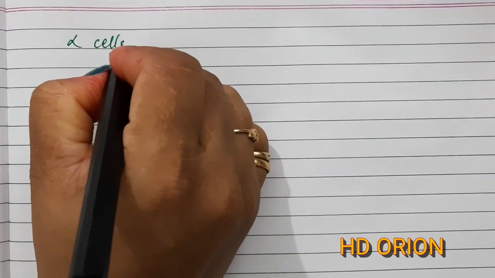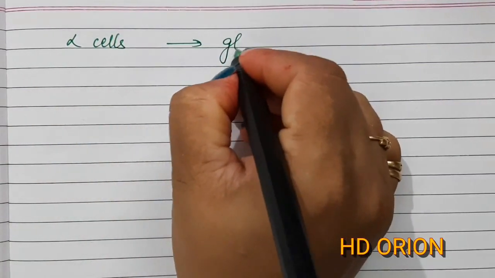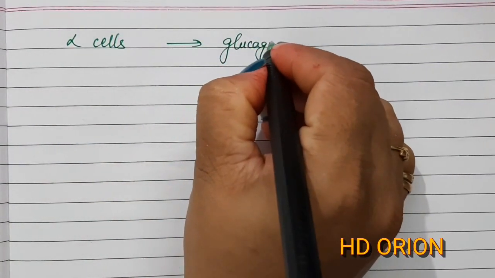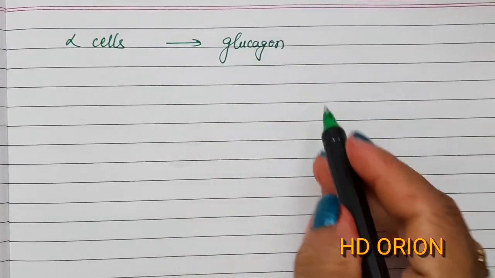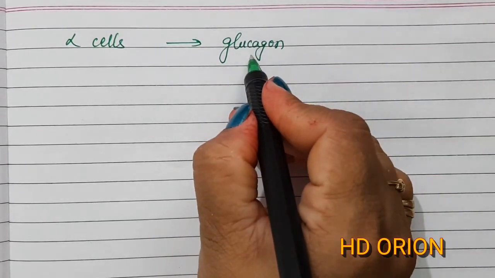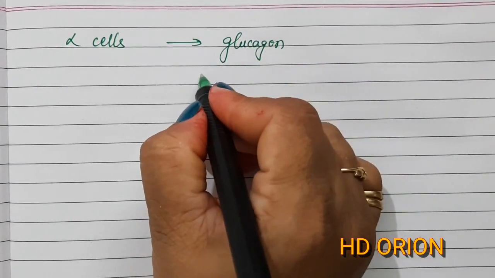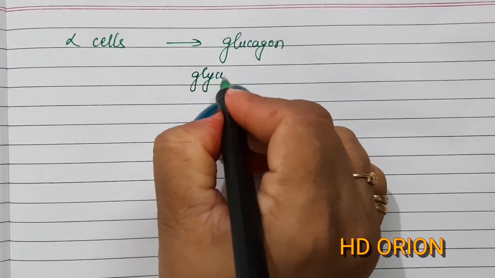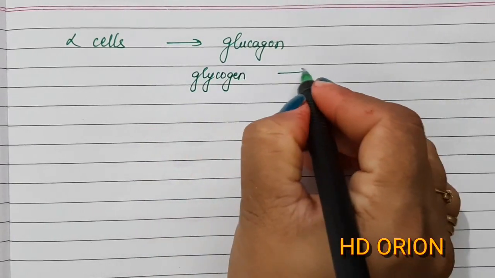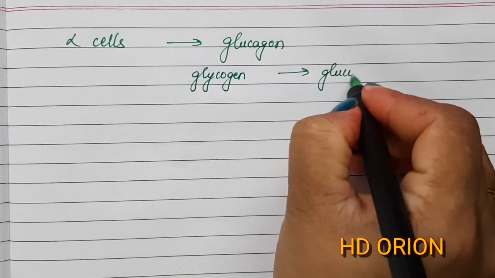The alpha cells secrete the hormone named glucagon. The glucagon helps in increasing the blood sugar level or the blood glucose level. So what does it do? It converts the stored glycogen into glucose.